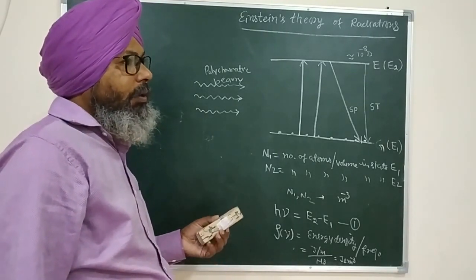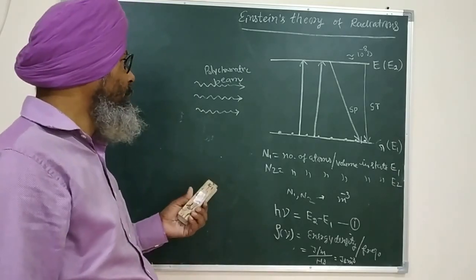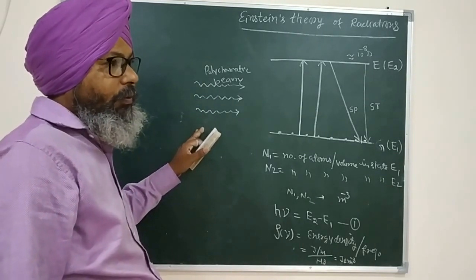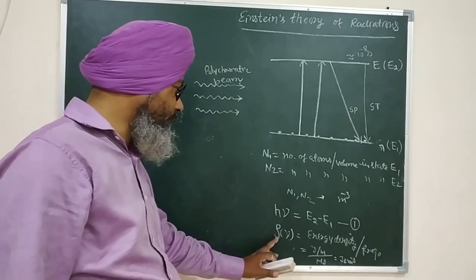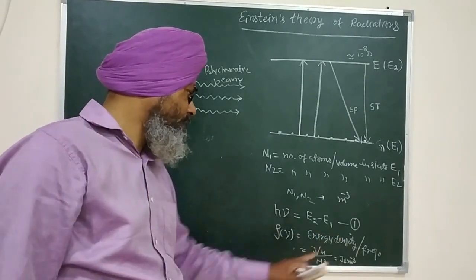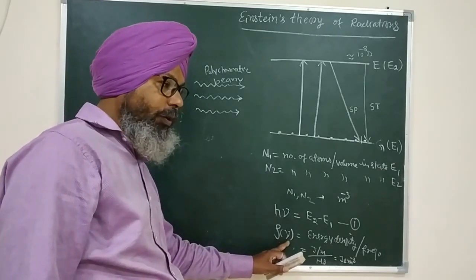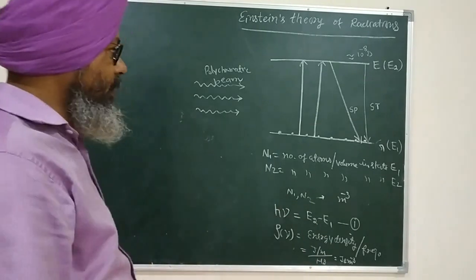There may be more photons of one frequency as compared to another. So the distribution of energy in this beam for all photons is not the same. That is why I have written energy density per unit frequency. So this parameter rho is a function of nu. Different frequencies will have different energy density.